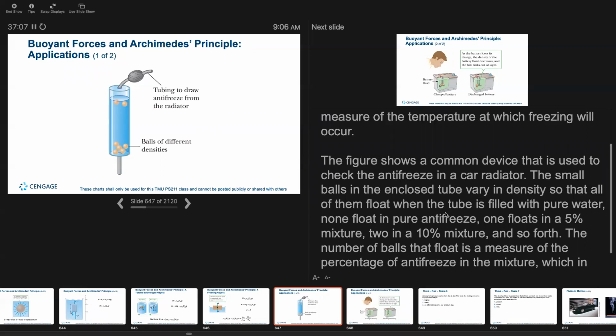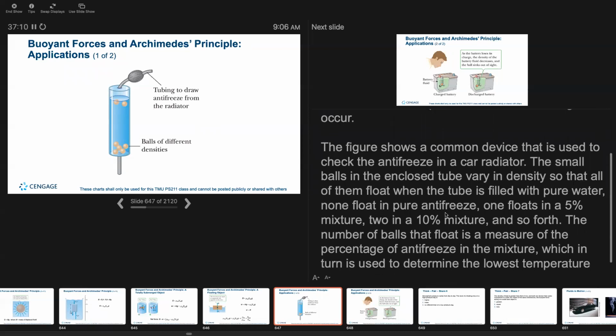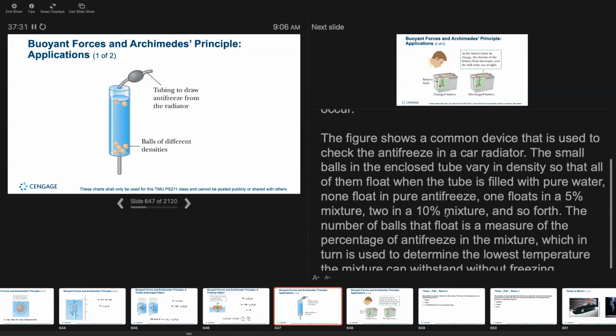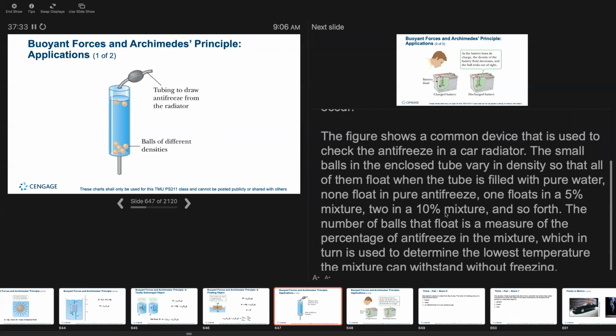The small balls in the enclosed tube vary in density so that all of them float when the tube is filled with pure water. None float in pure antifreeze. One floats at 5% mixture, two at 10% mixture, and so forth. The number of balls that float is a measure of the percentage of antifreeze in the mixture, which in turn is used to determine the lowest temperature the mixture can withstand without freezing.